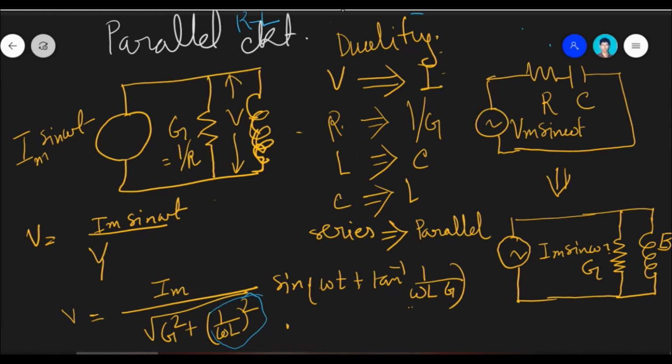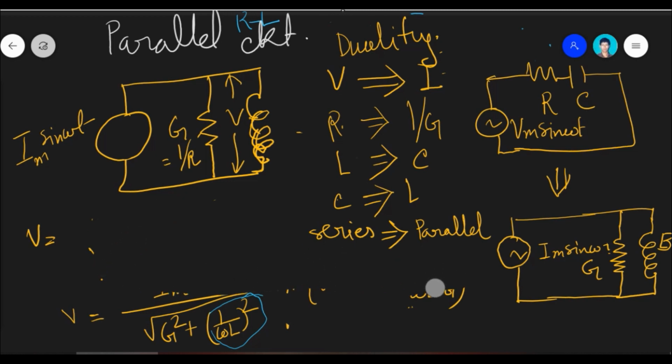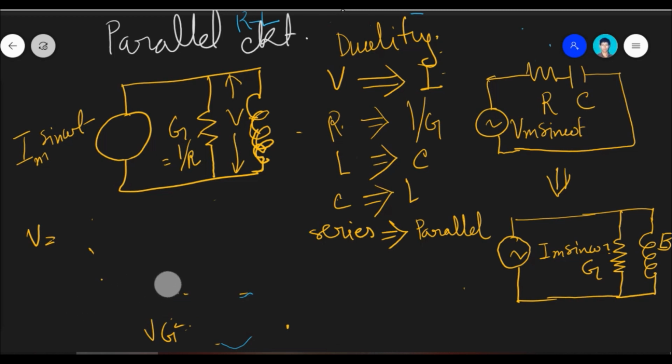Instead of considering Vm, Im, let us consider here Vm is equal to Im is equal to 100.